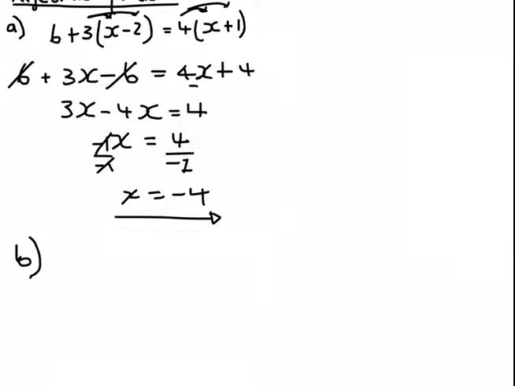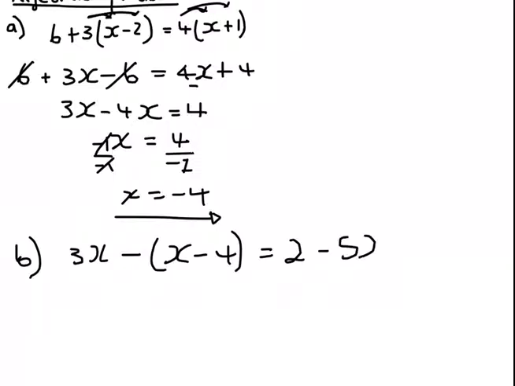Okay, let's say for B you are given 3x where you minus (x minus 4). Maybe let's equate this to 2, where we minus 5x. Yes. Let's say this is what we are looking at.